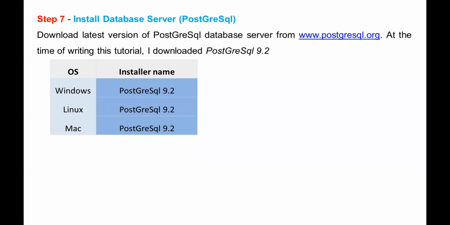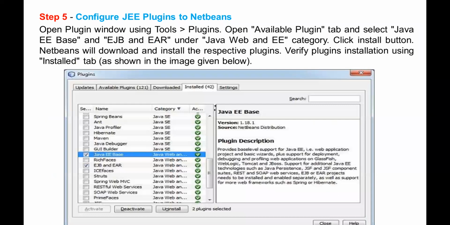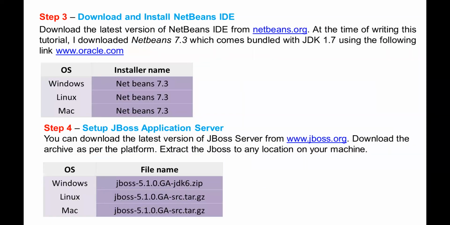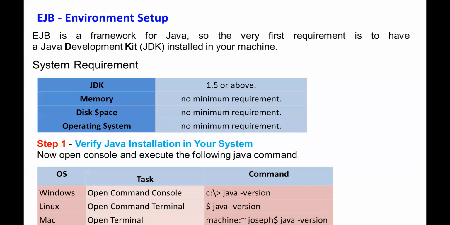First install PostgreSQL, then configure the JBoss server in NetBeans, and configure the JEE plugins in our NetBeans, and we can install the NetBeans IDE. Before that, we have to set up the Java environment, and check whether Java is installed in your system. This is the main environment setup when you execute the EJB application server.